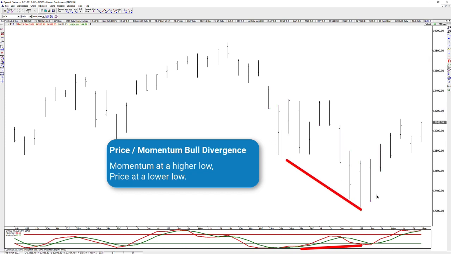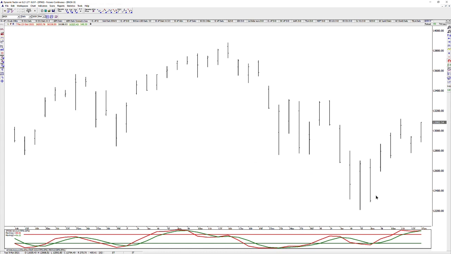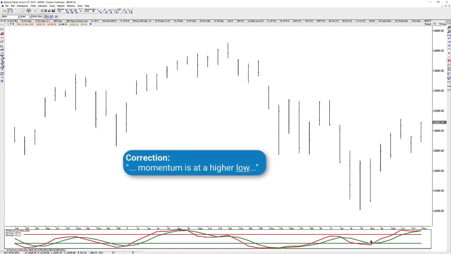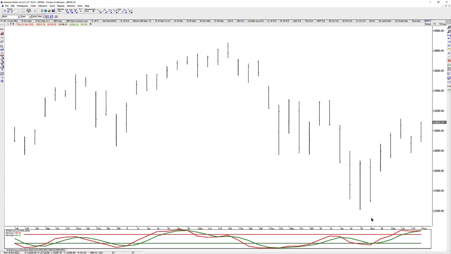Again, that is a bullish price momentum divergence, and that's a warning that there's good potential the market's making a price low and there's buying coming into the market. So when momentum and price, their cycle highs and lows, diverge, and in this case the price is at a lower low but the momentum's at a higher low, that's a pretty good signal that the market's at or near a reversal.